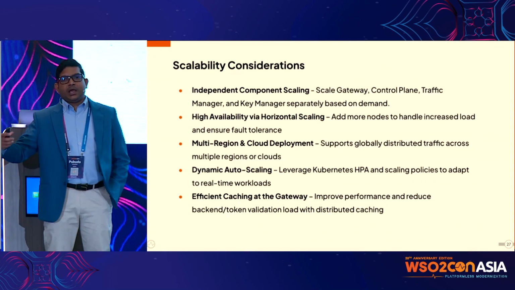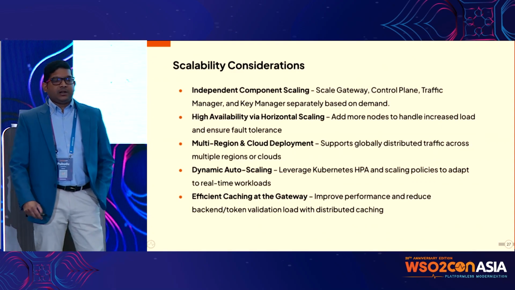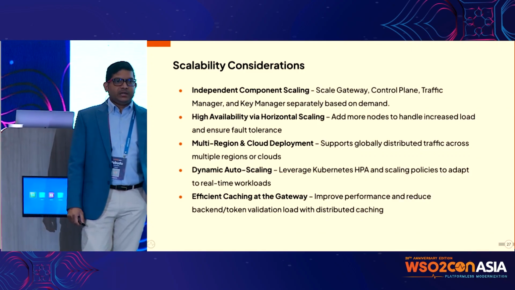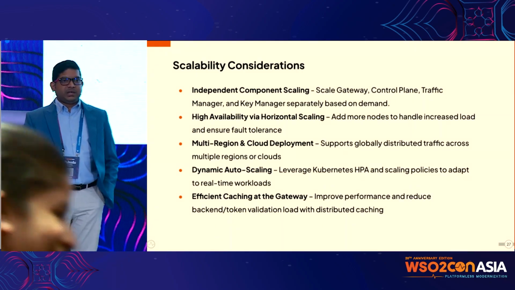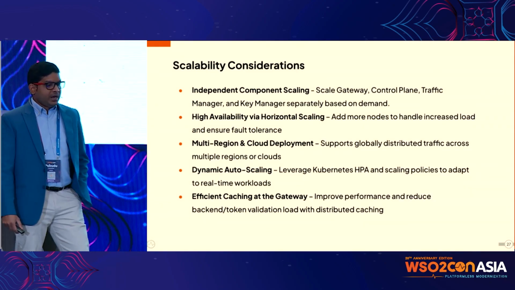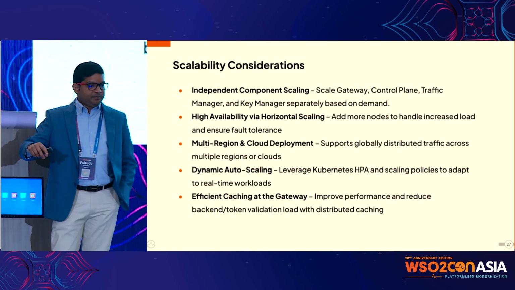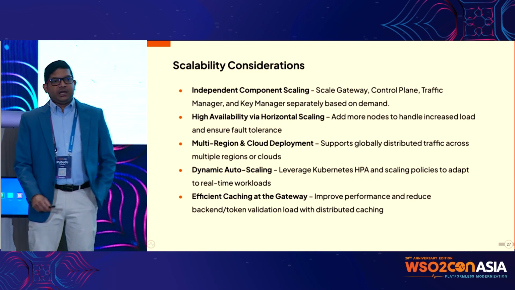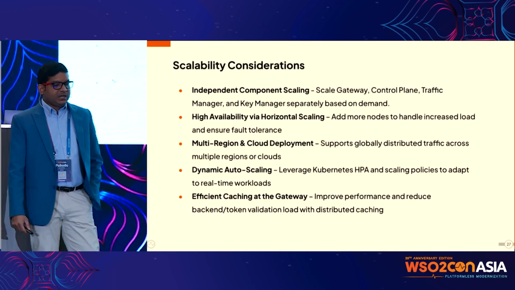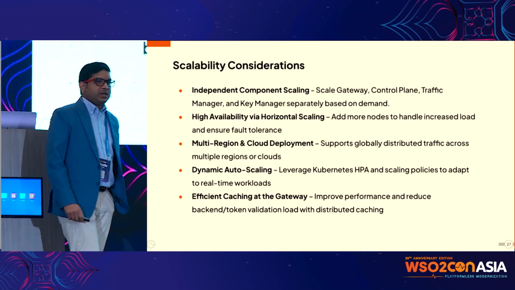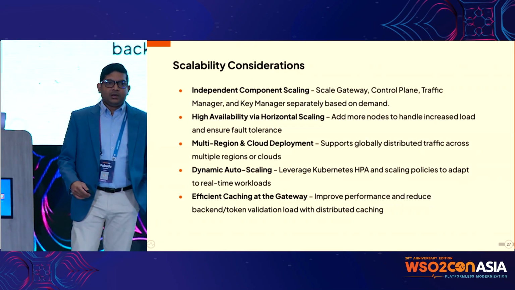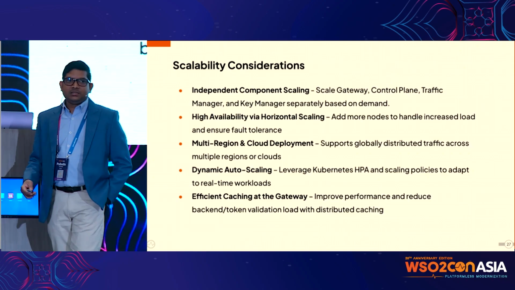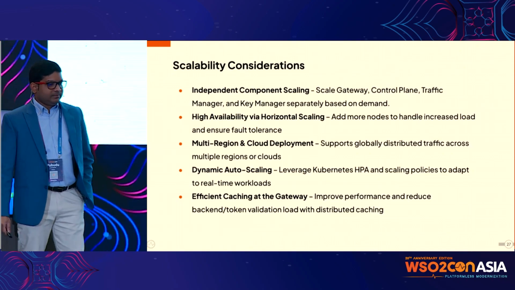You can also have high availability and auto scaling policies in Kubernetes like HPAs, and also you can go for a caching mechanism in the gateway itself, so that you get better performance and handle latency considerations.